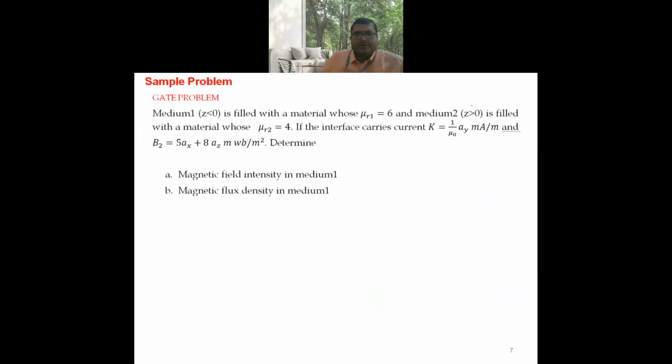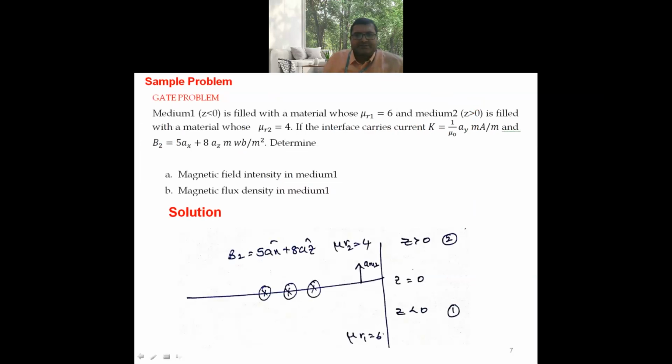A sample problem. Here, medium 1 with z less than 0 has mu r1 equal to 6. Z equal to 0 is the position of the boundary. Z greater than or equal to 0 is medium 2 with mu r2 equal to 4. B2 is equal to 5 ax plus 8 az, and K is the current density placed at the boundary.